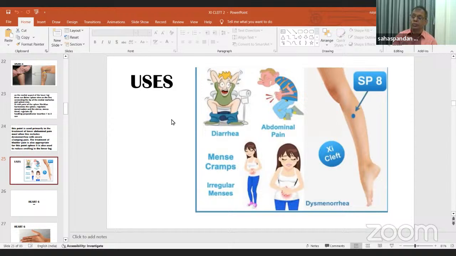This one is used for dysmenorrhea, that is painful menstruation. This one is used for menses cramp, and this one is used for irregular menstruation, irregular menses, SP8.